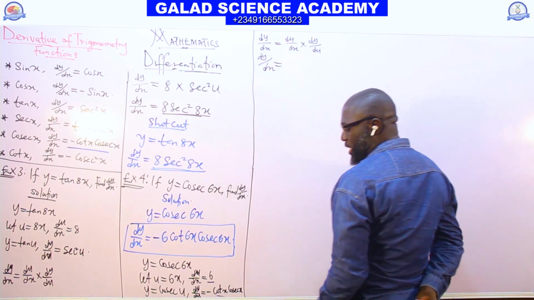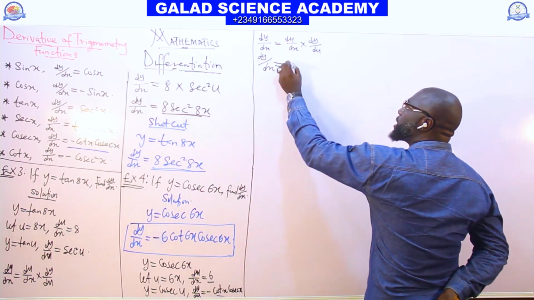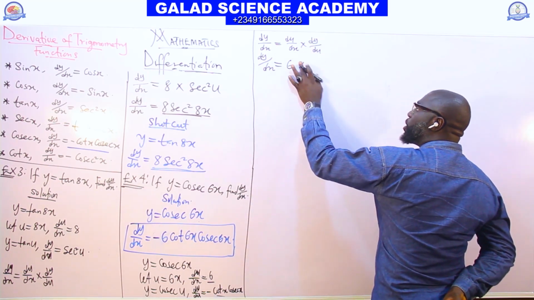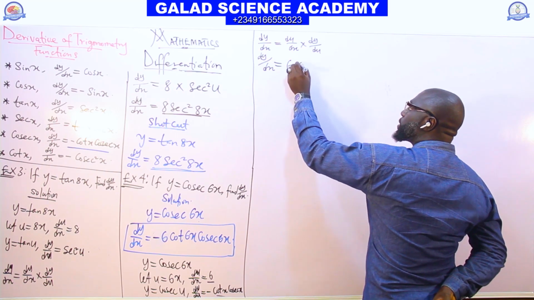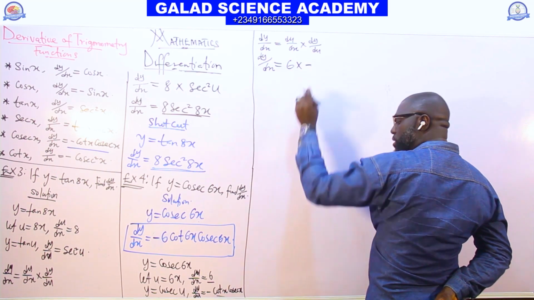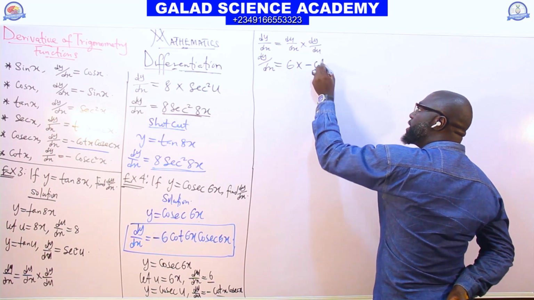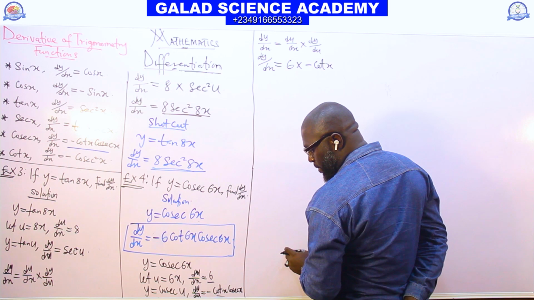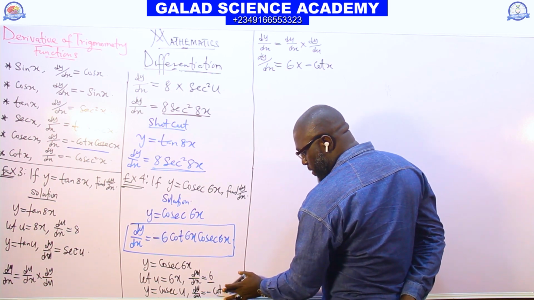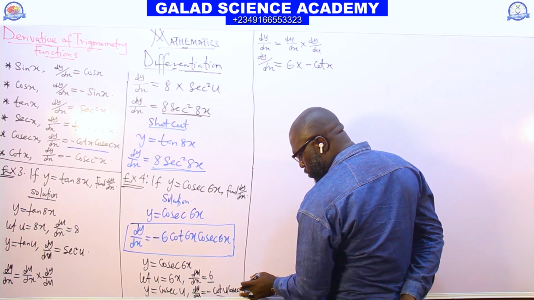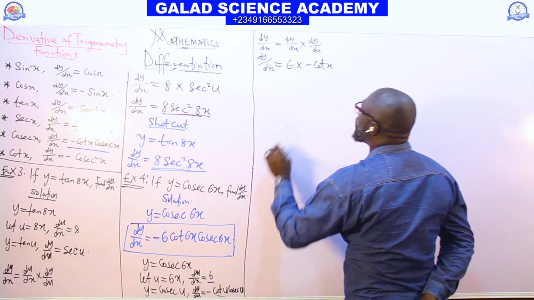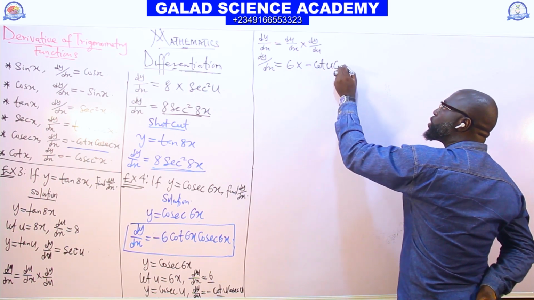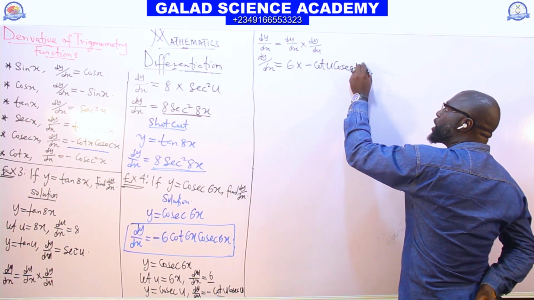What is du/dx? du/dx is 6, multiplied by dy/du. dy/du is minus cot u cosec u.